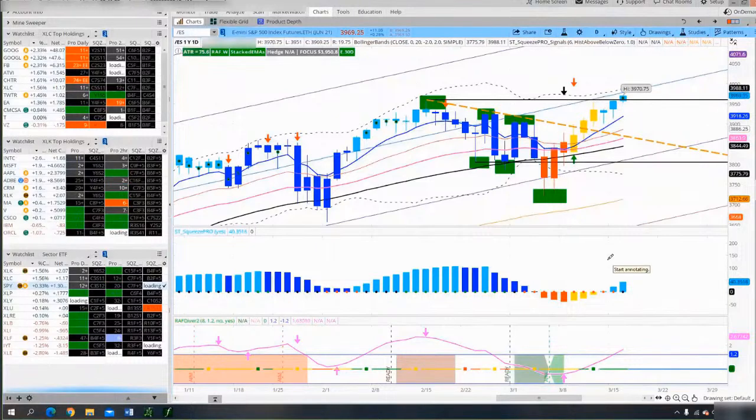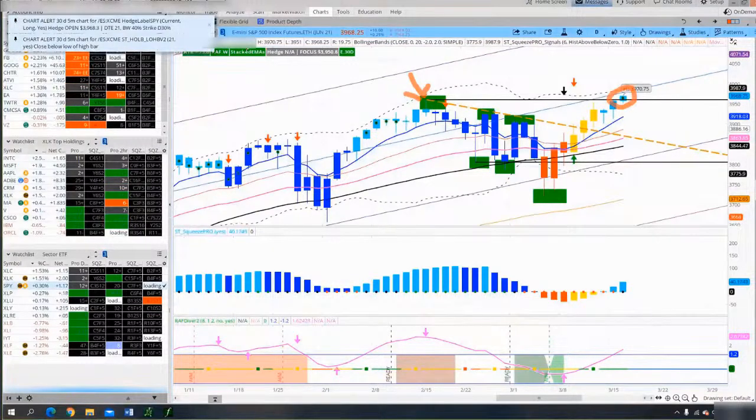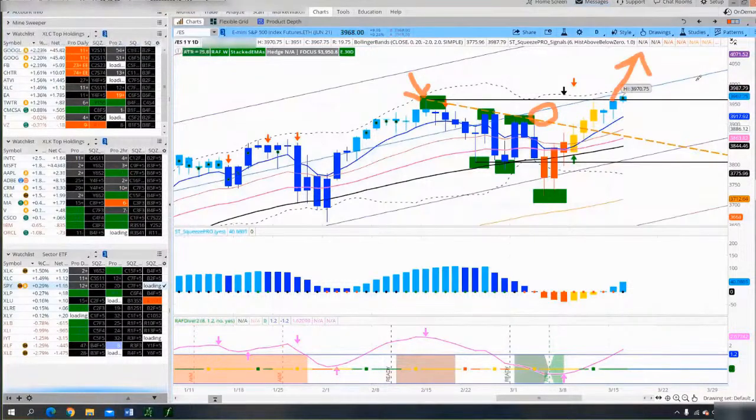For example, since the market is at resistance, we need to align our strategy with what the market's doing. So right now, when I look at this, I think to myself, okay, the market can break out and run for a couple days. Could break out 2 to 3 days, pull back.